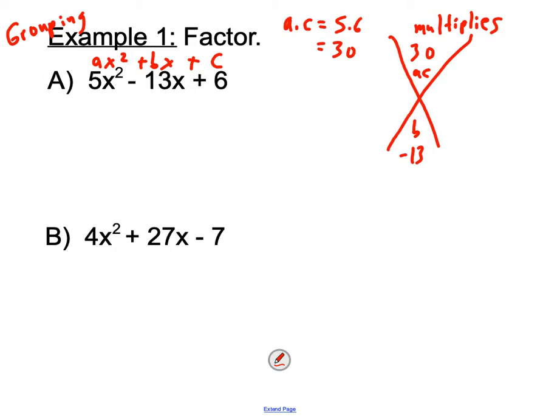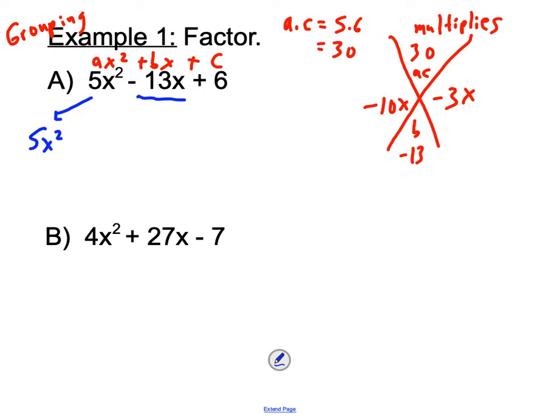So those two are negative 10 and negative 3. Those two multiply to give us 30 and add to give us negative 13. So I'm going to put my x terms in there. So I'm going to rewrite this out, and what happens here is you're going to drop down the first term, and you're going to rewrite that middle term.